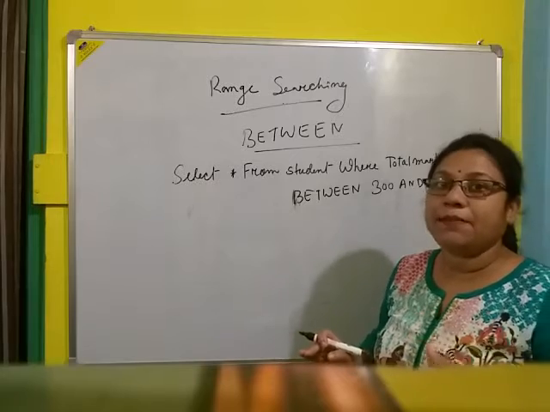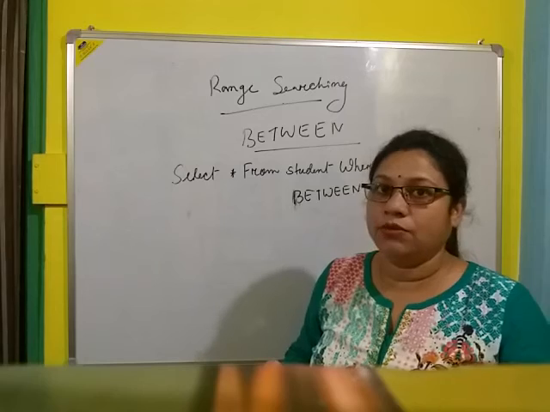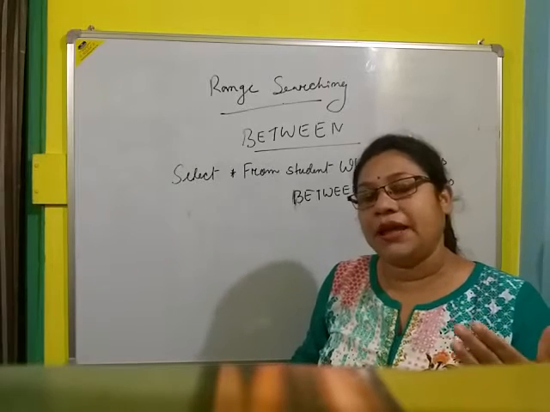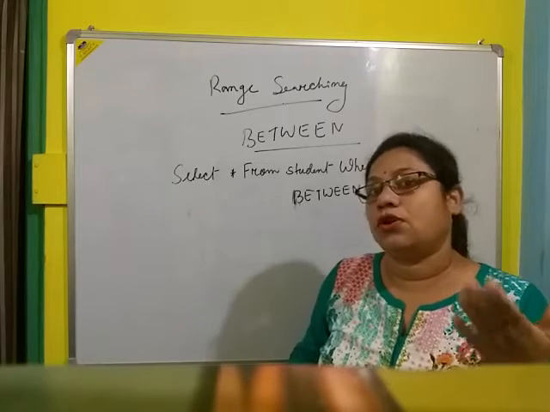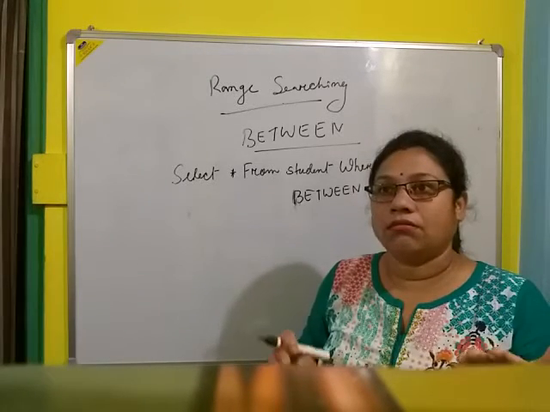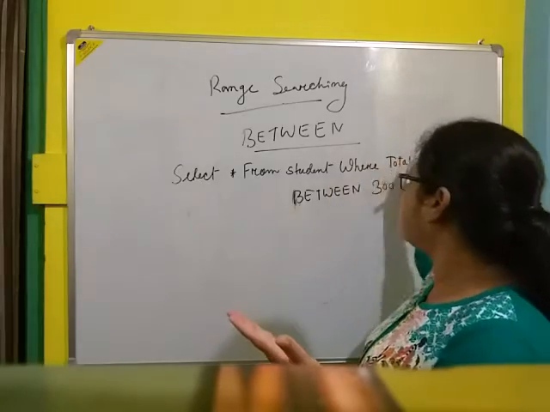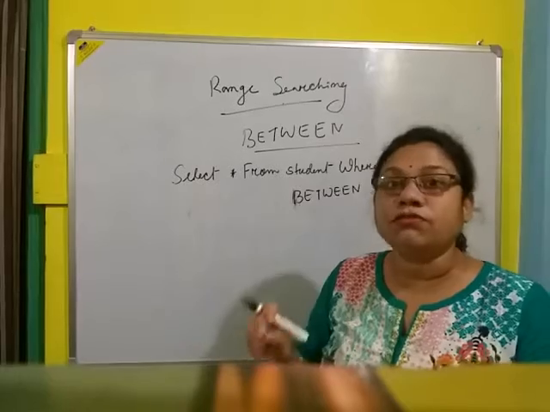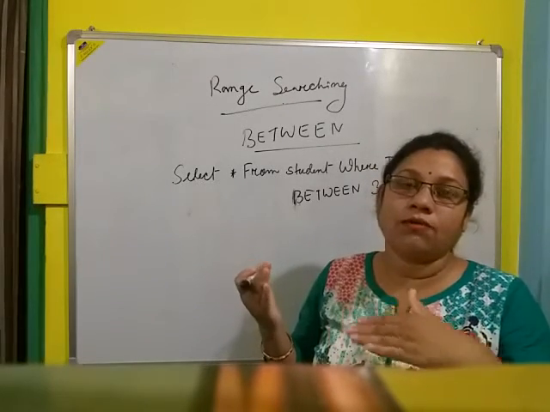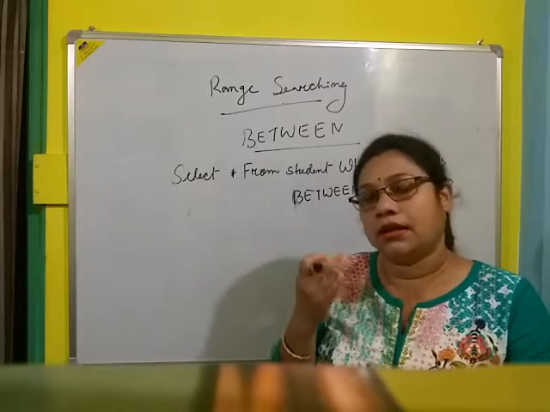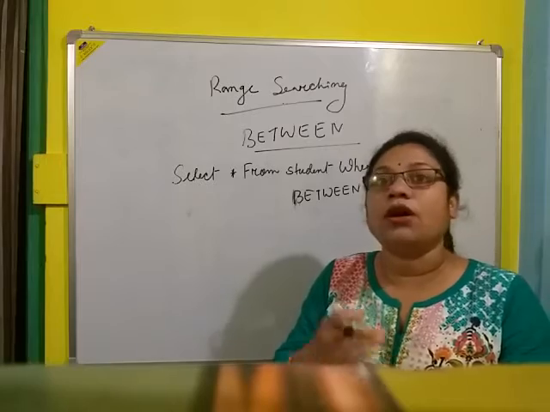That means it may be possible there are many rows available, but instead of displaying all the rows, it will display those rows where the total marks are between 300 to 400.